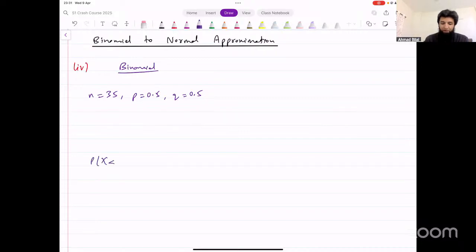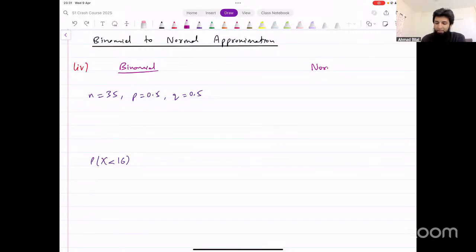This is what we have to find out, right? Probability of x less than 16. Now, for a binomial distribution, the parameters were n equals 35 and p equals 0.5. These were the parameters that we had for binomial distribution. Binomial was described by n and p. What about normal? Is normal also described by those parameters? Normal has different parameters.